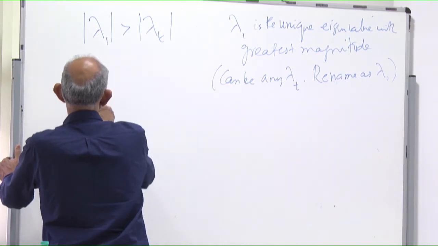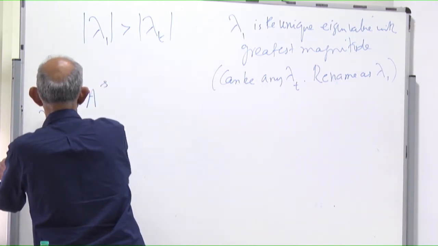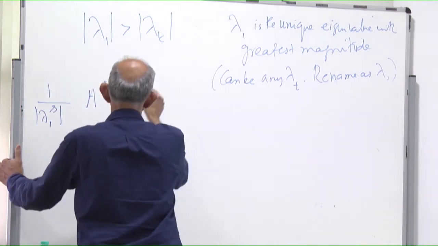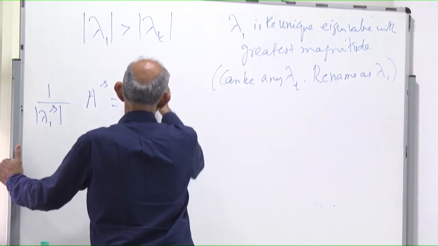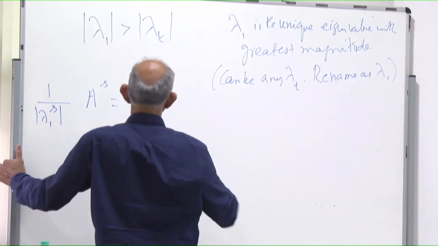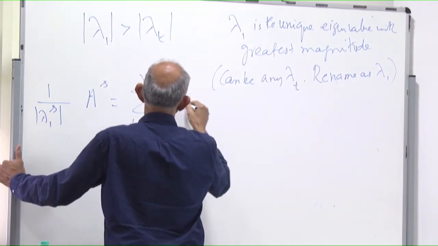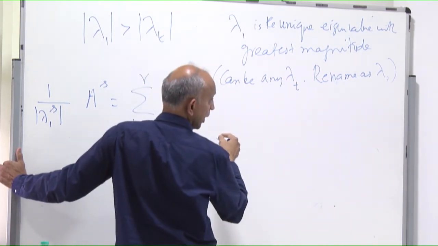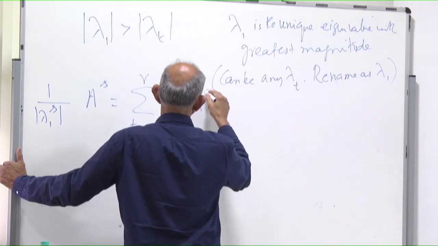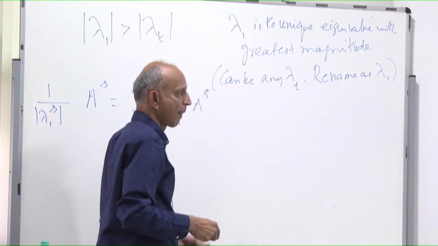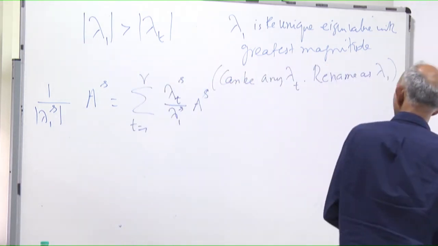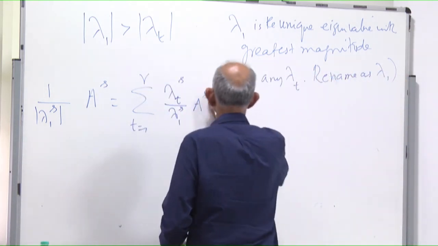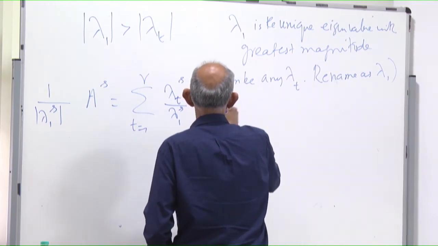So now A to the s, and I'm going to multiply by 1 over lambda 1 to the s in absolute value. It is the sum over t equals 1 to r of lambda t to the s over lambda 1 to the s, u t u t transpose, right?